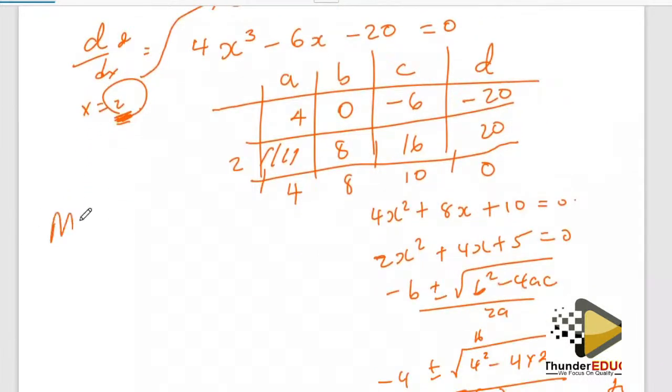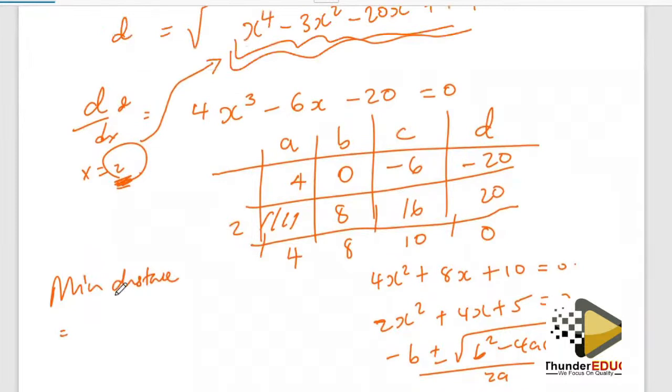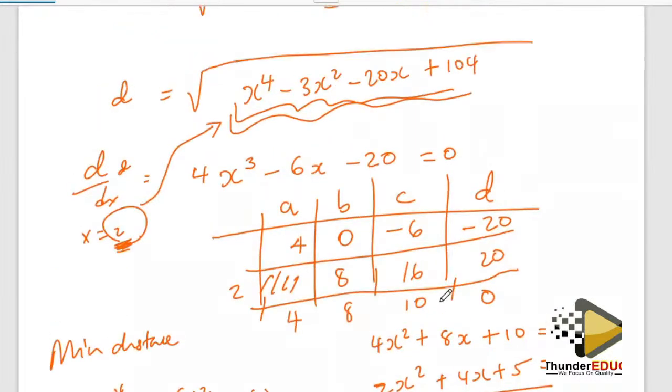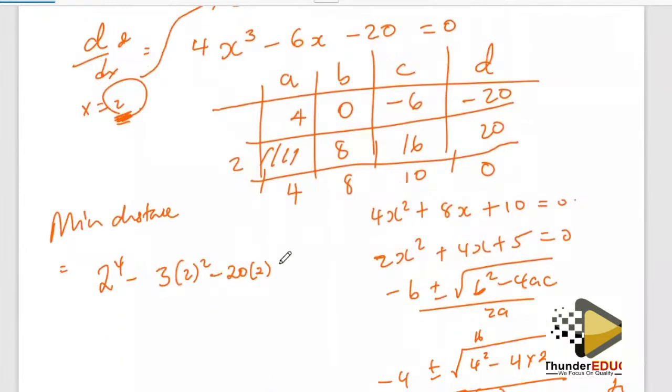So which means my minimum distance is going to be 2 to the 4 minus 3 with a 2 squared minus 20 times 2 plus 104 under the square root.